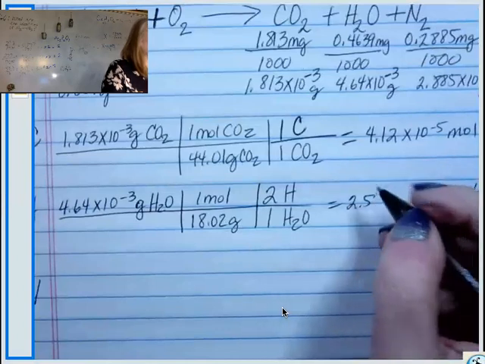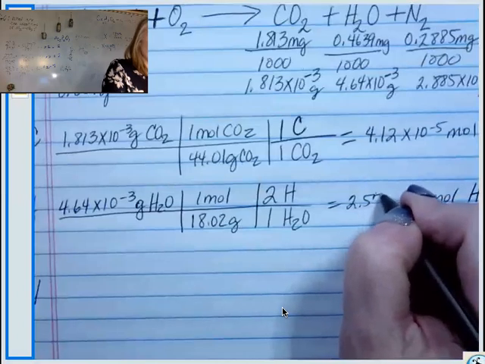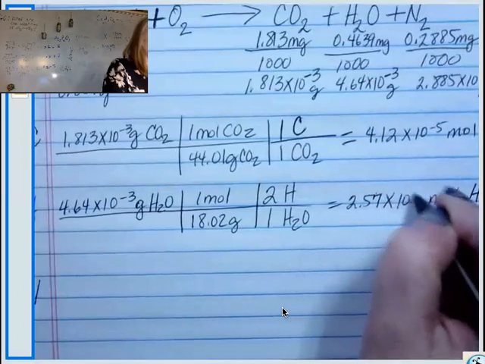I like the 2.57. That's 3 sig figs there. 2.57 times 10 to the negative 5th.